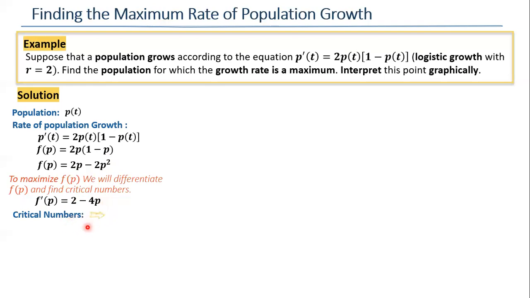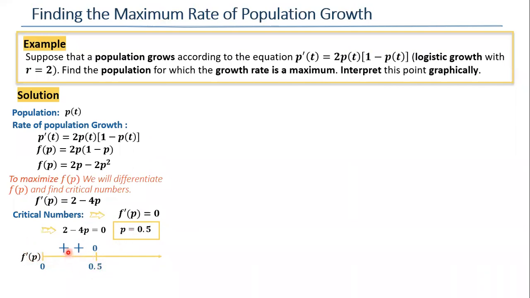The critical number is when f prime of P equals 0. So 2 minus 4P equals 0. So negative 4P equals negative 2; divide by negative 4 on both sides. So we get P equal to negative 2 divided by negative 4, which is 0.5. This is the critical number. Now we'll construct a sign chart of f prime of P around the critical point.